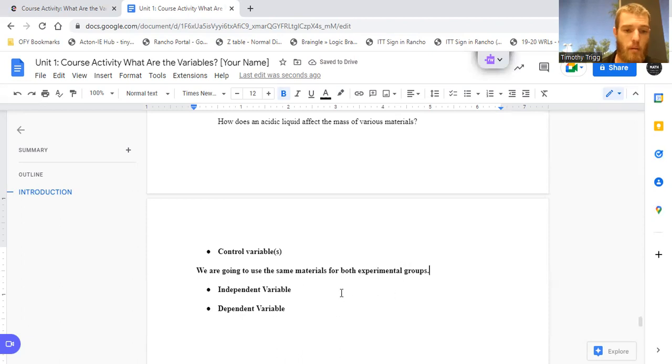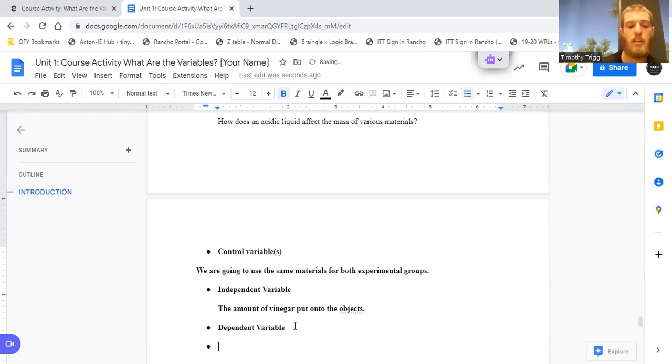Okay. The independent variable is the thing we're changing. So the independent variable is the amount of vinegar put onto the objects. Okay.